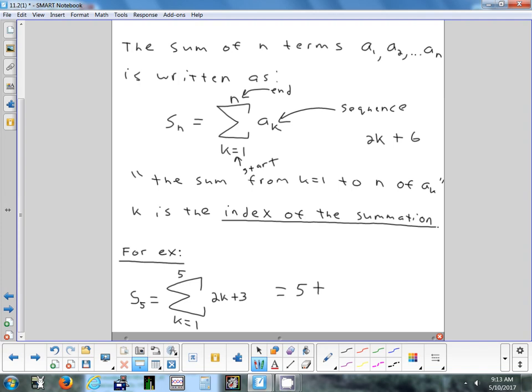Now I'm going to add it to the second term. How do I know I'm adding? That's what that capital Greek letter means. It means take each result and add. Plug in 2. What's 2 times 2? Plus 3. So there's the second, third, the fourth, and the fifth. Whatever that comes out to, that's the answer to that problem.